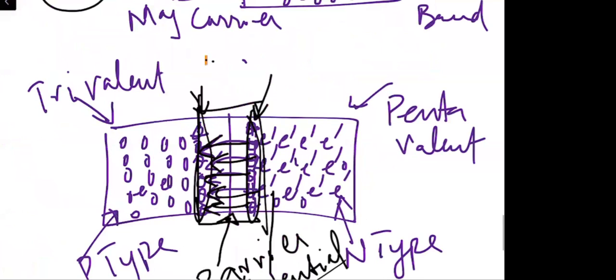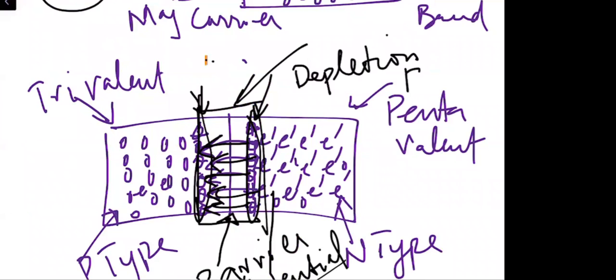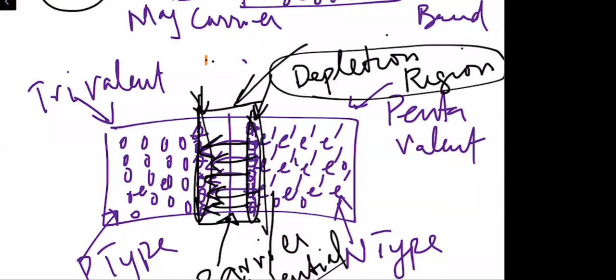The depletion region does not have any majority carriers, or any carriers, because it is the region in which we have just the ions and the electric field being created, and it is depleted of carriers.